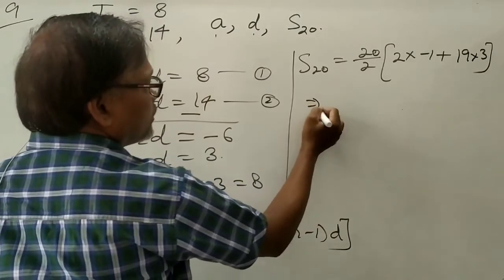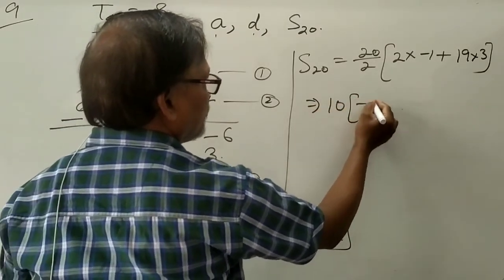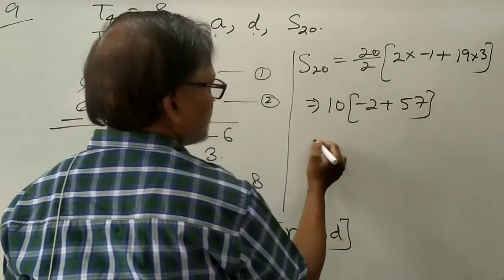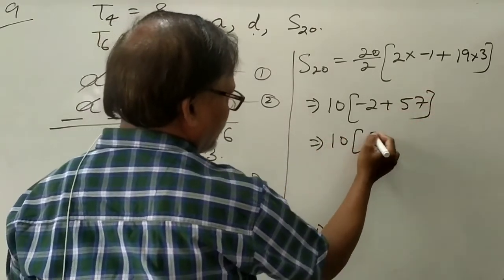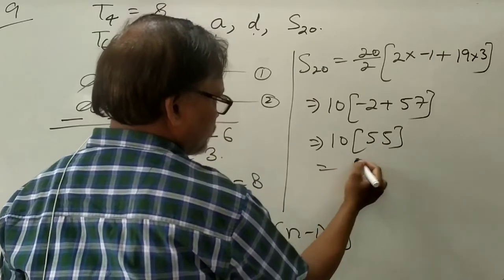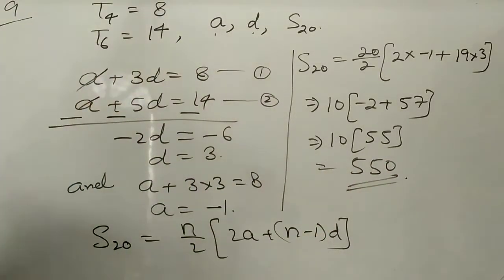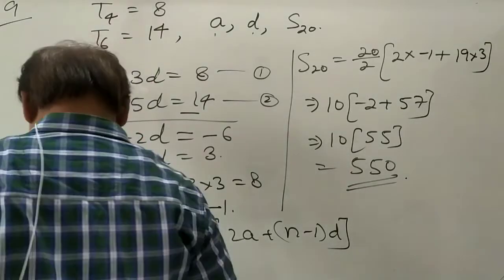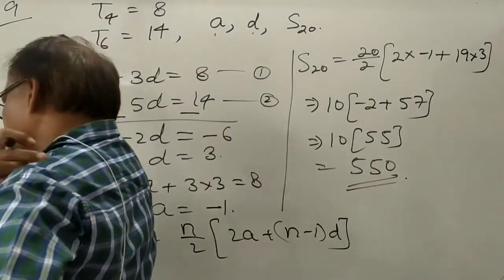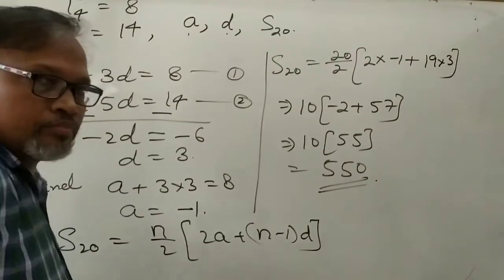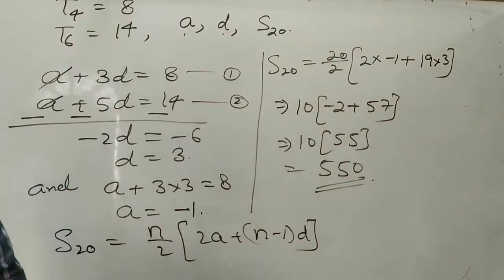So 10 into minus 2 plus 57, so it will be 10 into 55, and this is equal to 550. This is the sum of the first 20 terms.